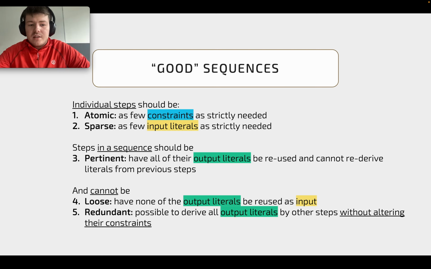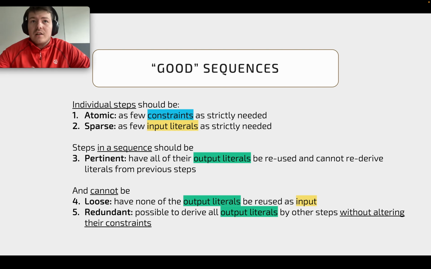And then lastly, we also say that all steps should actually serve a purpose. If a step has none of its output literals reused as input later, then it's clearly not needed. And if a step derives output literals that could also be derived by other steps, maybe by multiple other steps, without altering their constraints, then we say it's redundant.